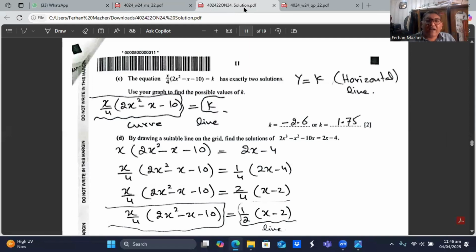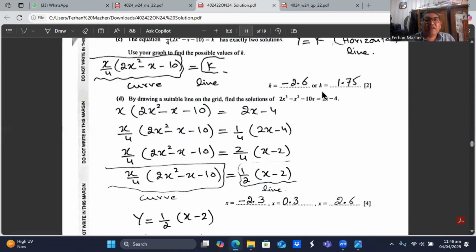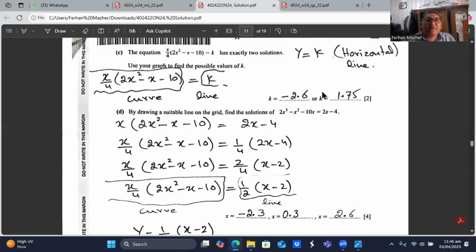So main graph equation is x by 4 bracket 2x squared minus x minus 10 bracket close. So I have taken x common. So x bracket 2x squared minus x minus 10 bracket close equals 2x minus 4.